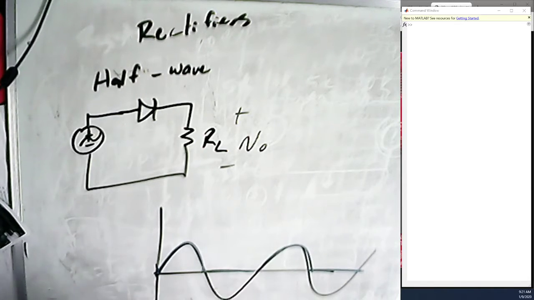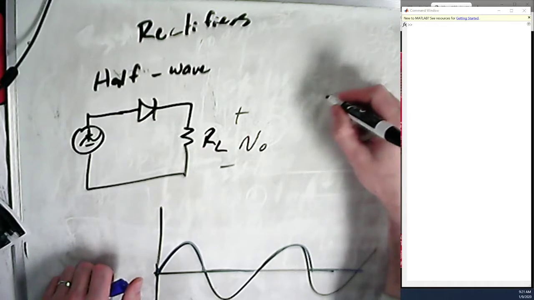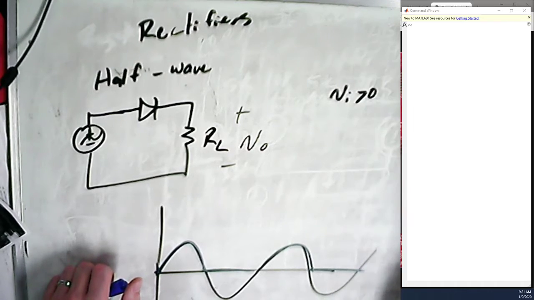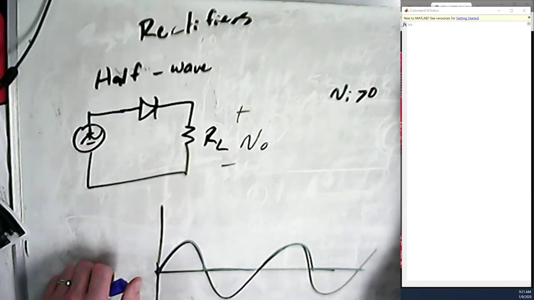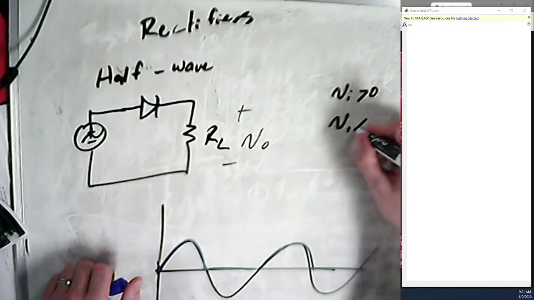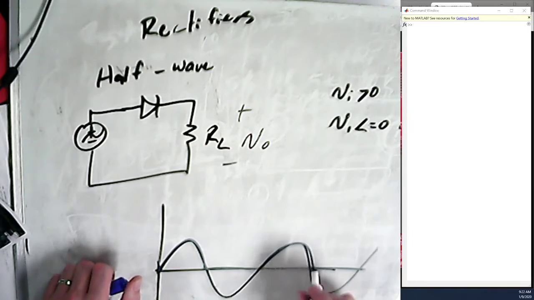And we could put this into all sorts of different formats as far as describing it. You could say something like, if you have a V in greater than 0, then V out is equal to V in. V in less than or equal to 0, V out is equal to 0. That's probably one of the easiest ways.